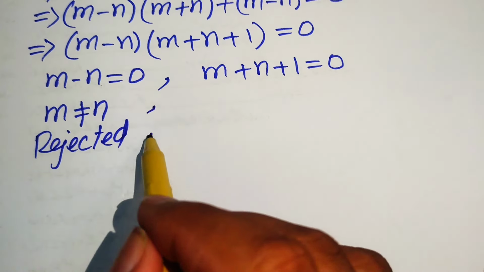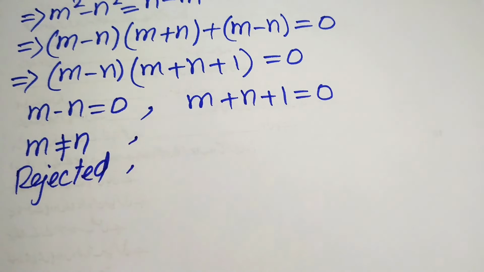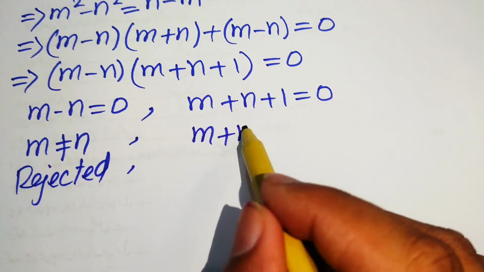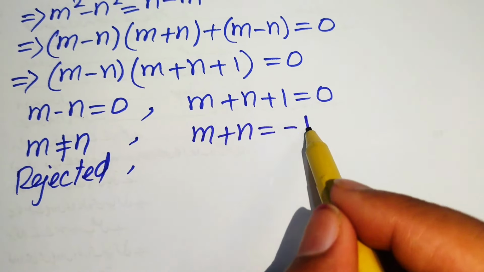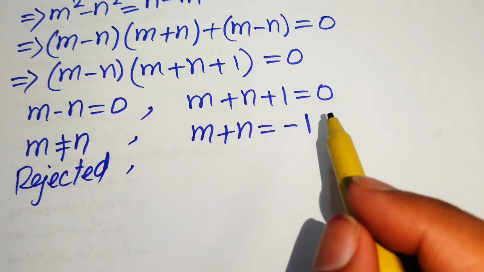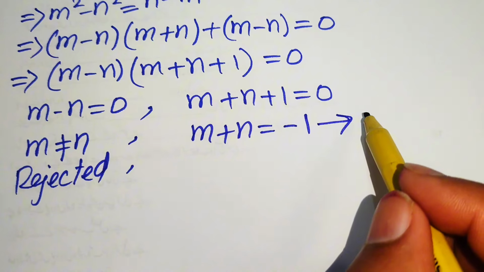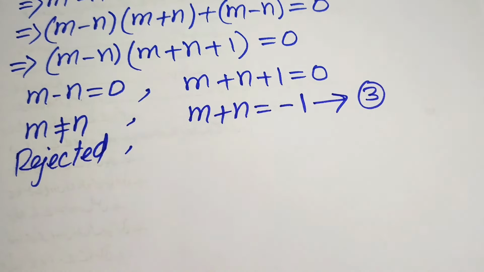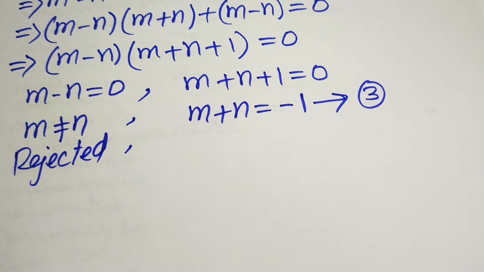Now we proceed with the second case only, and we move this plus 1 to the right hand side and it becomes m plus n equals minus 1, and we call this equation number 3.